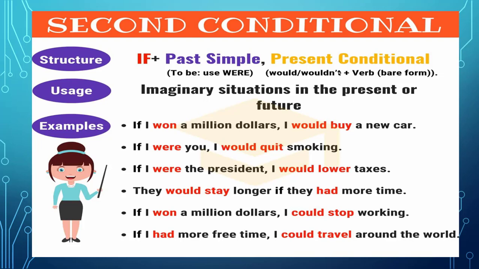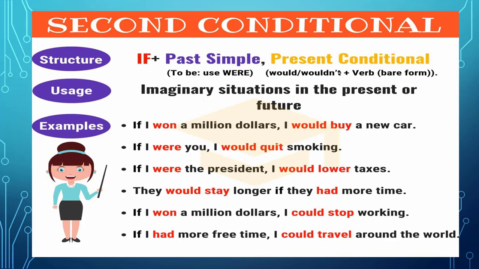Another example, they would stay longer if they had more time. And as you see, we can use if in the middle of the sentence. Okay. Someone saying here, if I won $1 million, I could stop working.